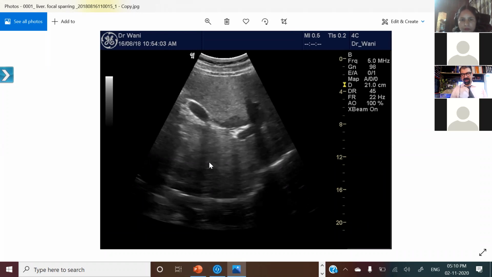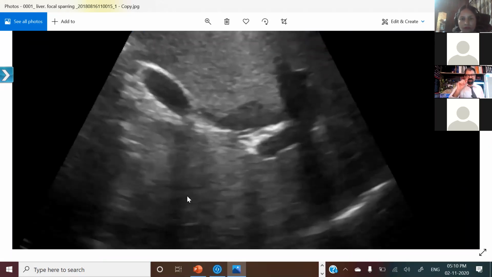Now, what else am I seeing over here, Dr. Harvinder? So there are areas of focal sparing. That is what I told you. If there is some fatty sparing or some infiltration, it will be near the gallbladder.